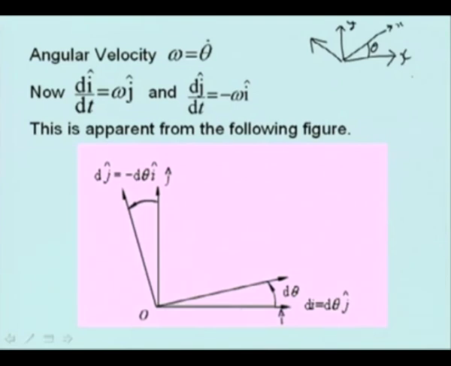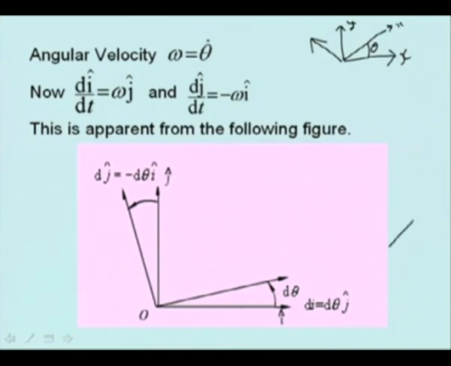However, in the rotating reference frame, di by dt will not be 0 because, although the vector maintains the same magnitude, it is rotating, that means it is changing direction. This is apparent from this figure. Here the unit vector I has rotated by an amount d theta. Therefore, there is a change in the vector.